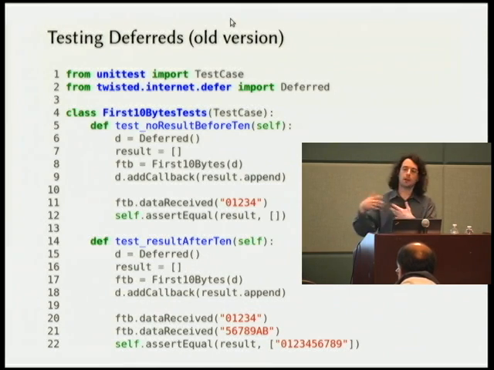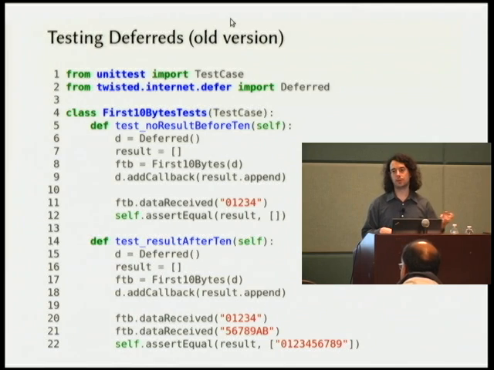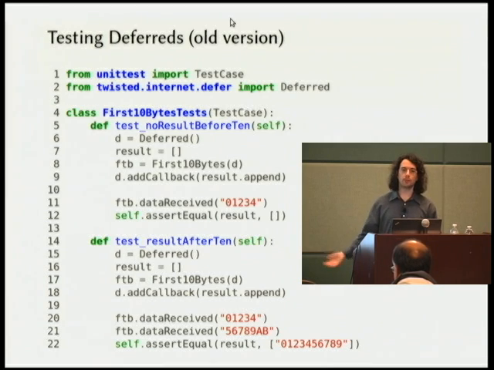So for example, in the second test, we create a deferred, an empty list, and we create a protocol that wraps the deferred, and we say addCallback result.append, i.e., when this deferred has a result, call this function with that result. And then after we've delivered 12 bytes, the deferred will have a result.